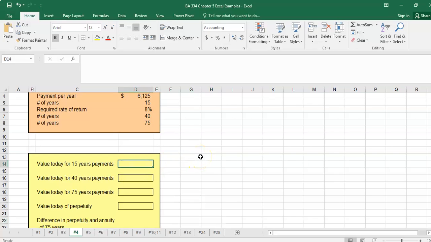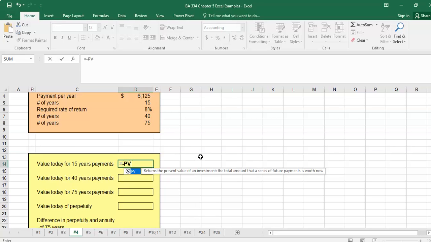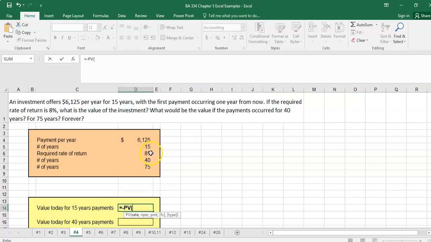So we have the present value. If it's a 15-year of payments, so we do our present value. The rate is always 8%, but the number of periods is going to change. So 15 years for the first calculation and 6,125 for the payments.